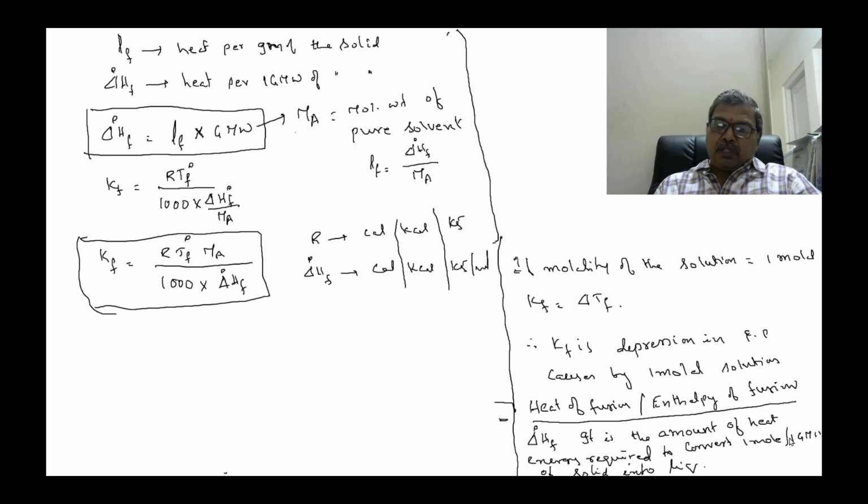If you substitute the R value, which is a constant, and Tf naught for a given solvent, which is also a constant, since the standard enthalpy of fusion never changes, we will get the Kf value, expressed in Kelvin kg per mole. Right?